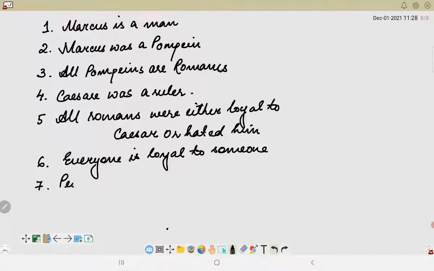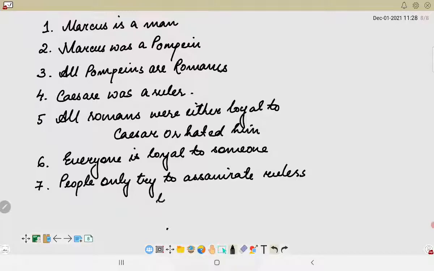Let us write down this sentence. People only try to assassinate rulers they are not loyal to. And number 8 is Marcus tried to assassinate Caesar.